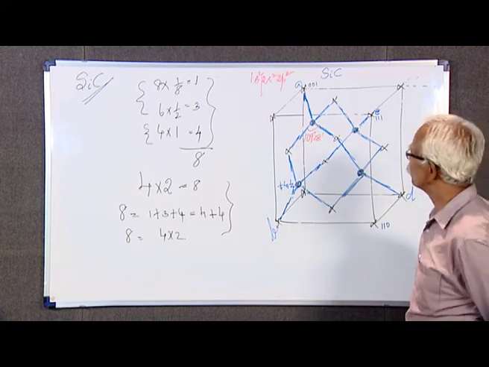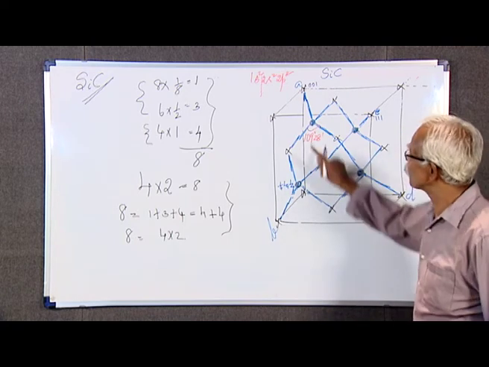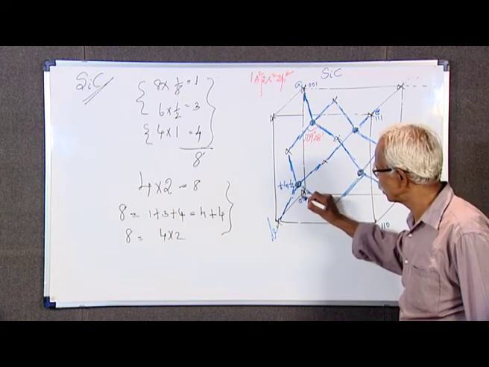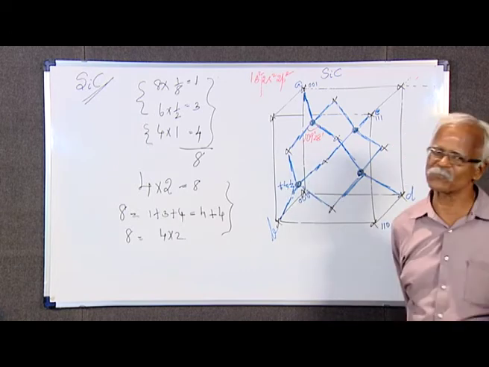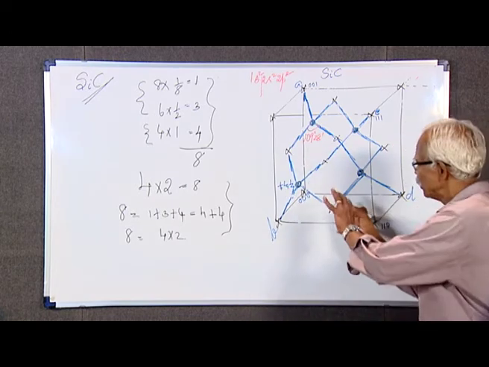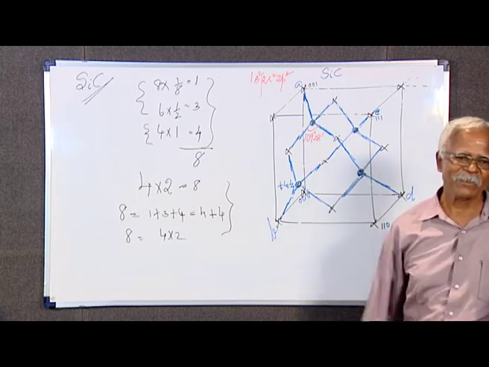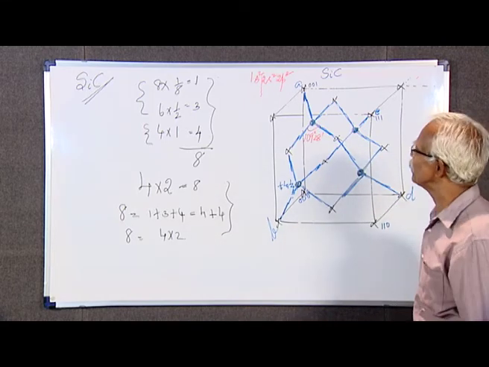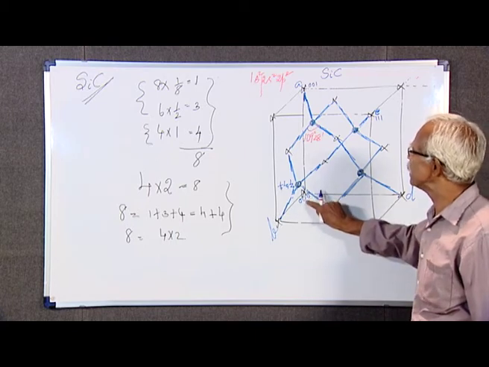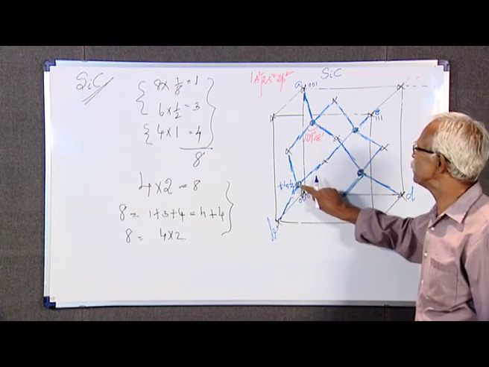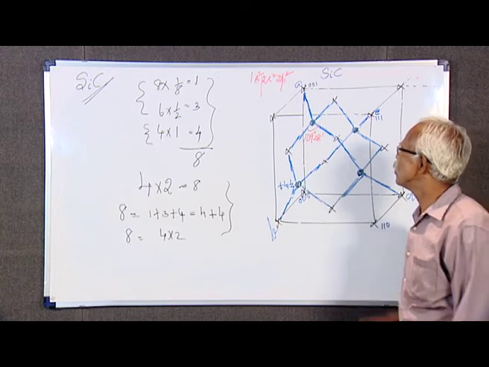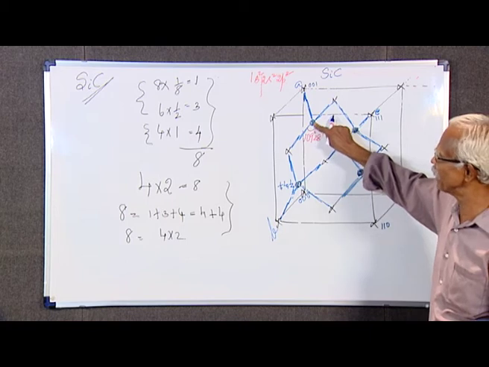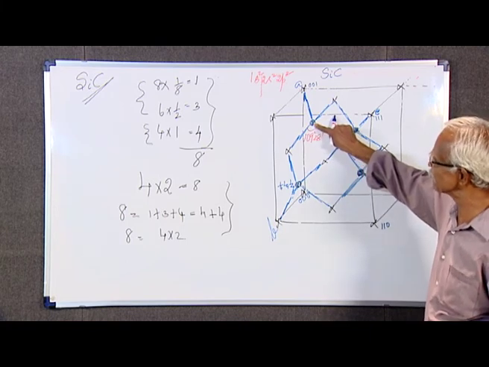Then you shift your origin from 0, 0, 0 to 1/4, 1/4, 1/4. You do the same thing on all, you will get a new set of coordinates, and you will see that if this is the new 0, 0, 0, this will be something like a face center.